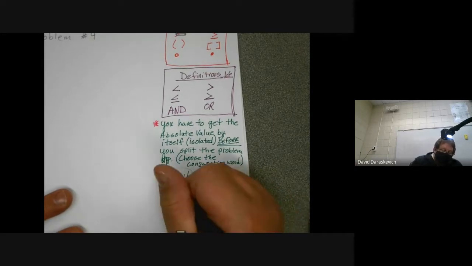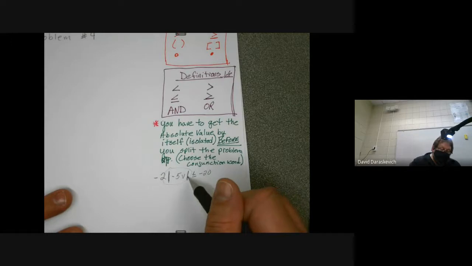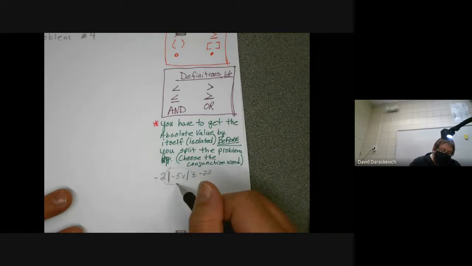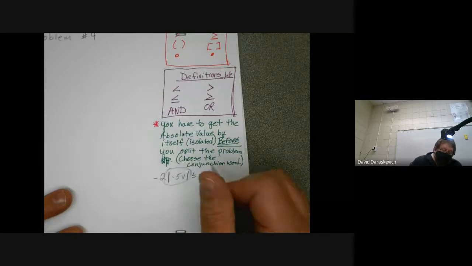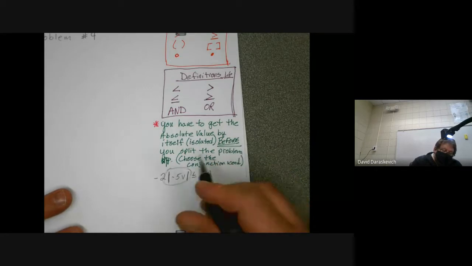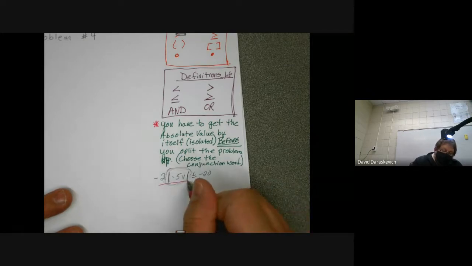Suppose I had a negative 2 in front of here, being multiplied by our absolute value. I would have to get my absolute value symbols, not just the term, by themselves. I have to isolate those symbols. Therefore, I would have to divide both sides.